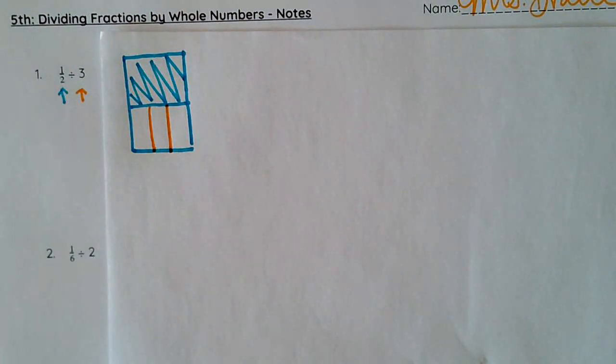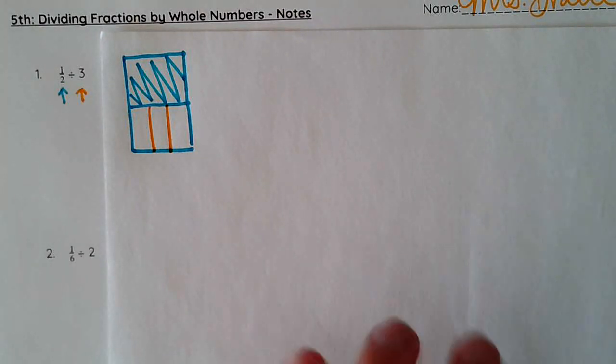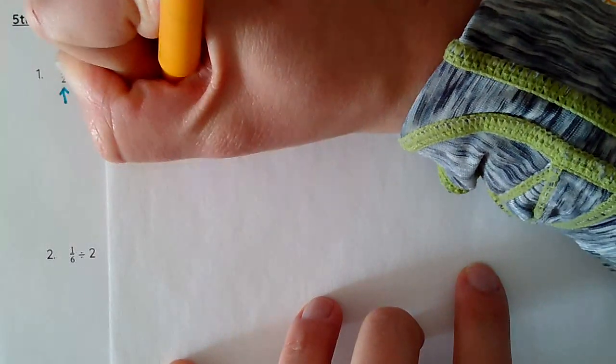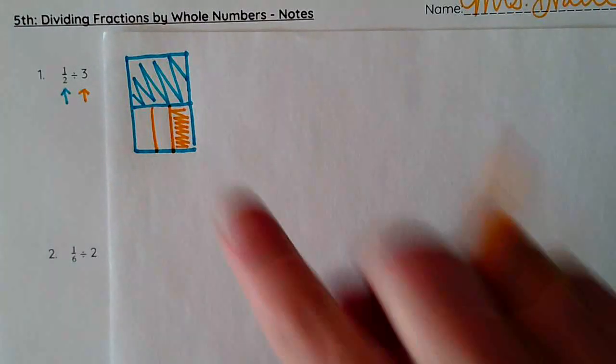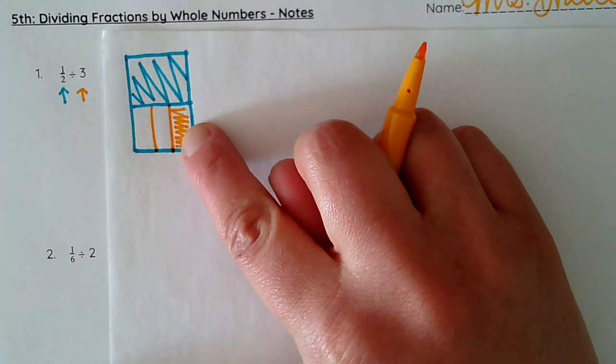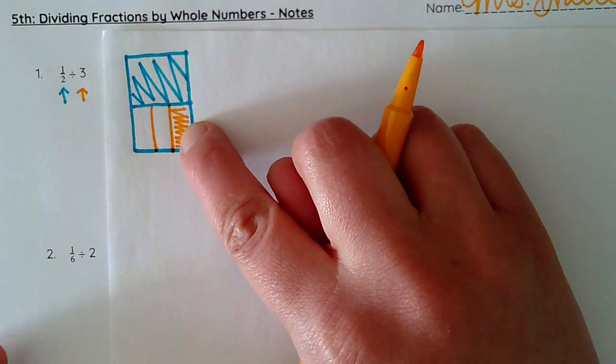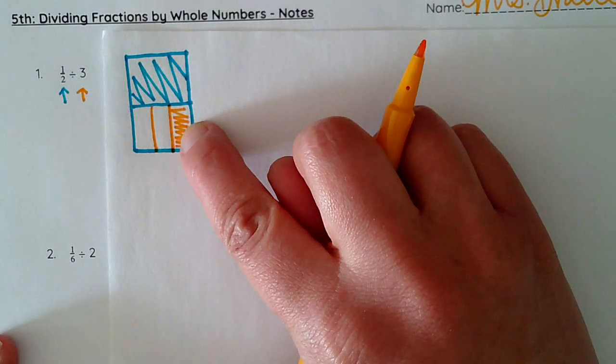Okay, so the question is, if we divide that half of a cake into 3 parts, how many parts of the cake will I have? So I have 1 part, but the question is of how many parts.